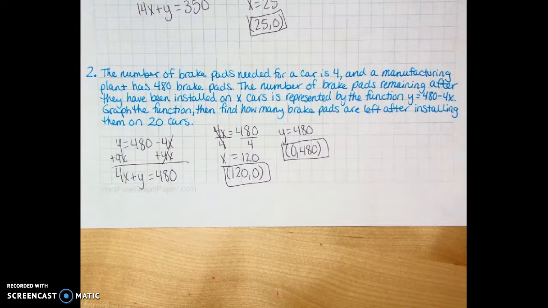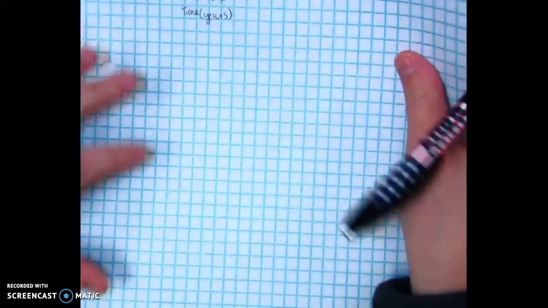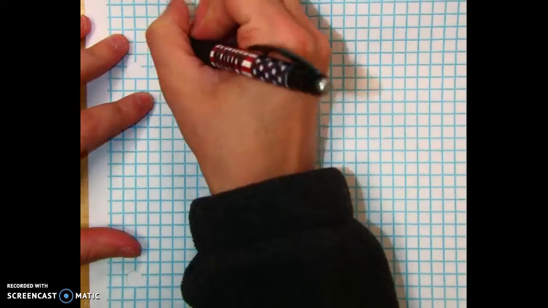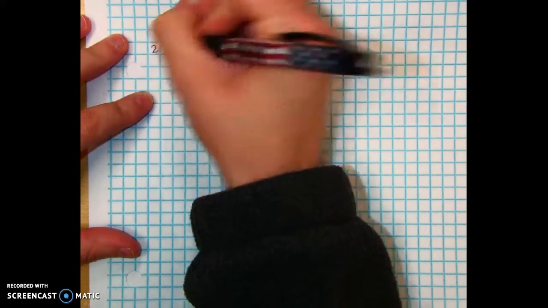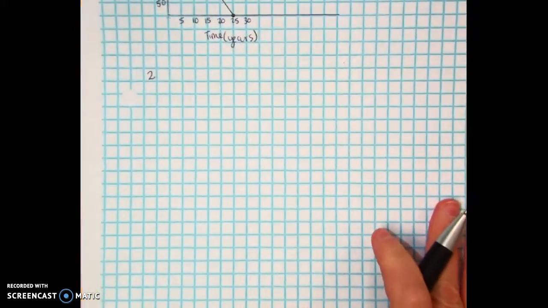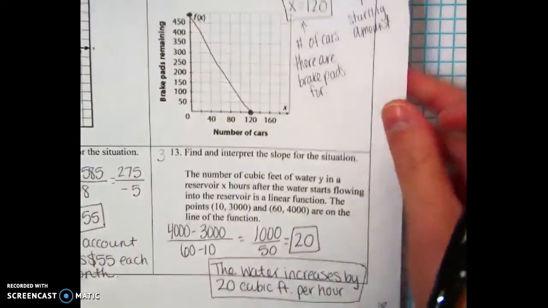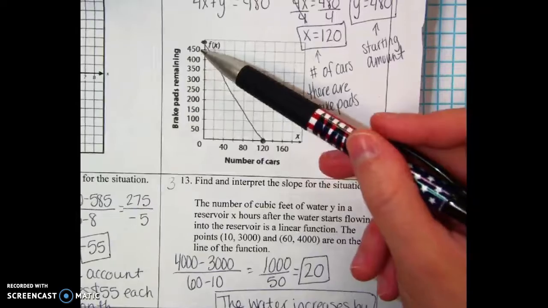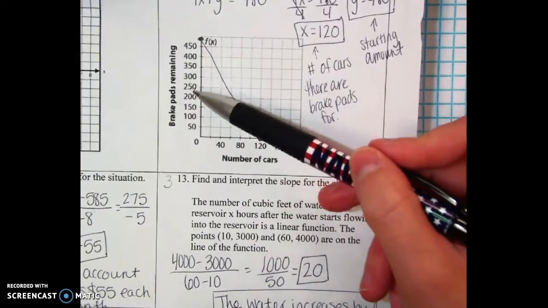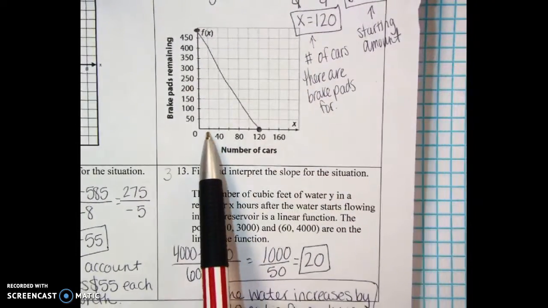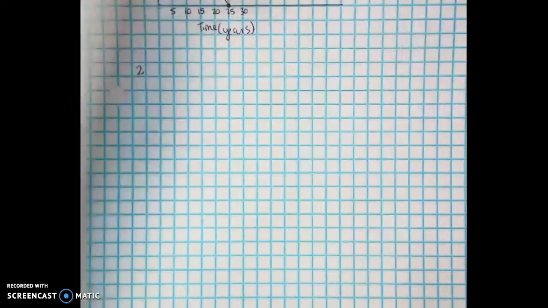So I'm going to come back to my graph paper now. And here's number 2. I'll show you, this one's from a worksheet as well. So they went by 50s on the y-axis again, like the last time. But here they went by 20s. So that's what we'll do as well.